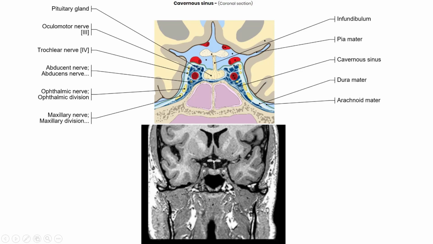Same here: you've got the optic chiasm at the top, the infundibulum, pituitary gland, and the cavernous sinus on either side, and then this is the sphenoid sinus underneath. So that just gives you another view. It's a view that we often do when we're scanning an MRI, both sagittal and coronal scans through the pituitary gland. And that takes us through the diencephalon.